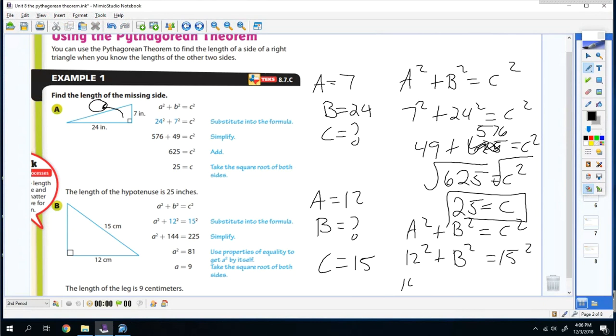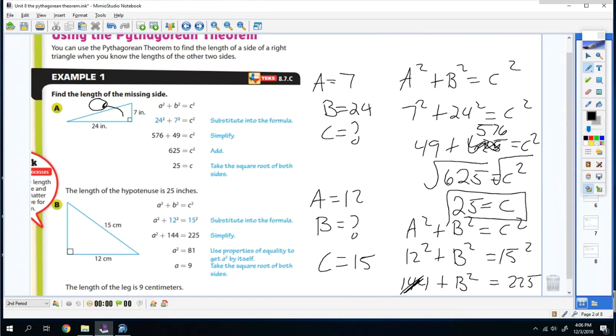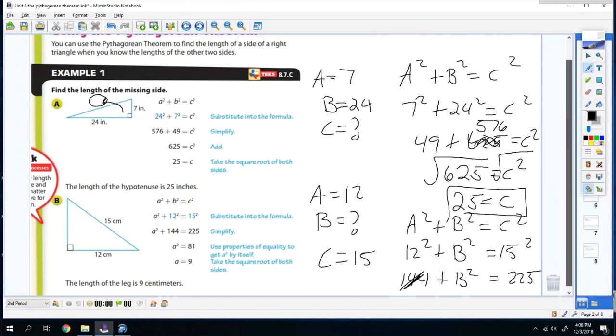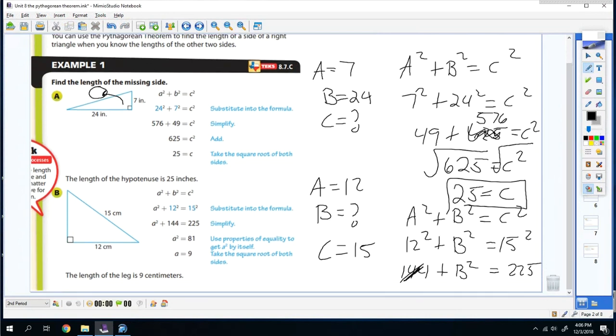So 12 squared is 144 plus B squared, and 15 squared is 225. So now we need to solve for B squared. So we subtract 144 from both sides. And then you do 225 minus 144, which is 81. And you find the square root of that. And B is 9.